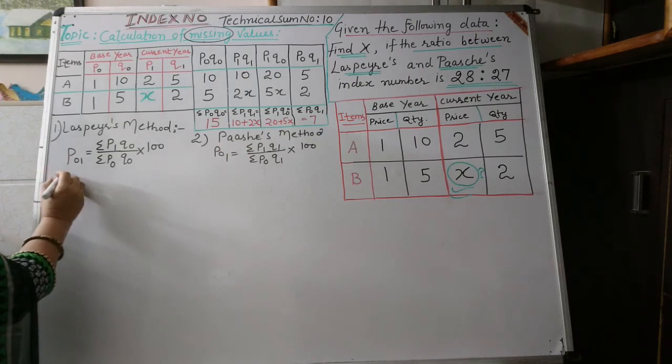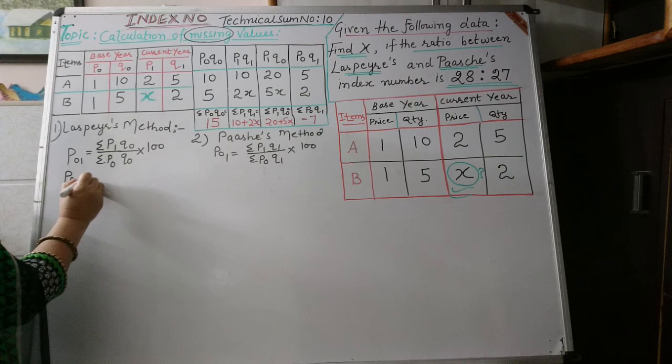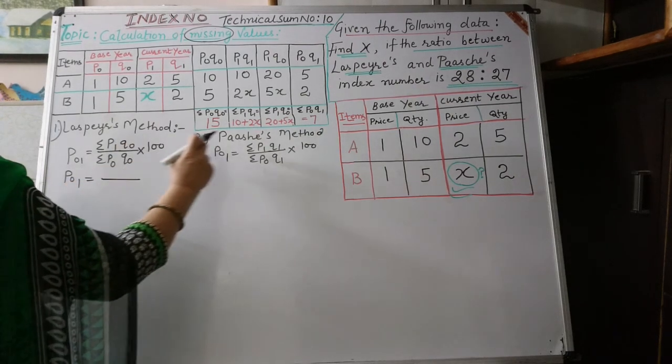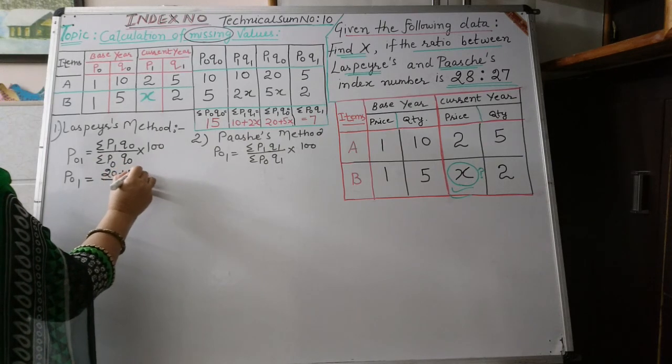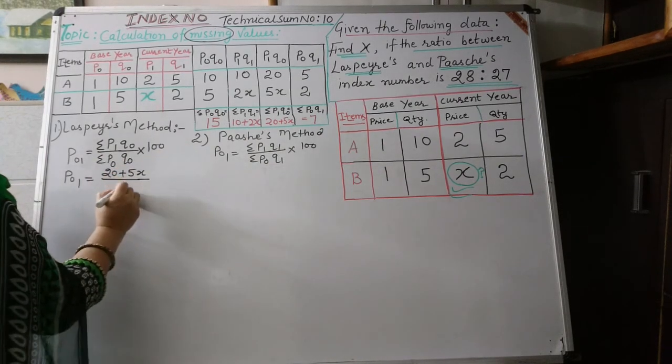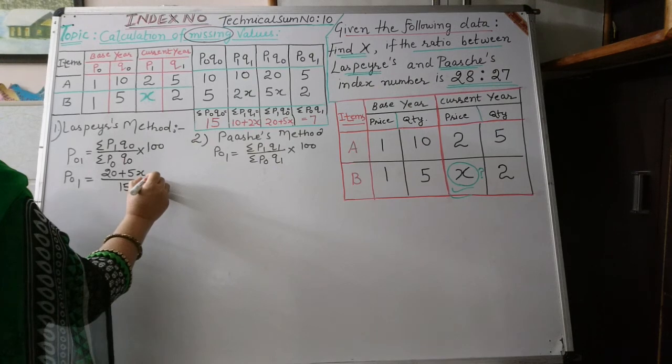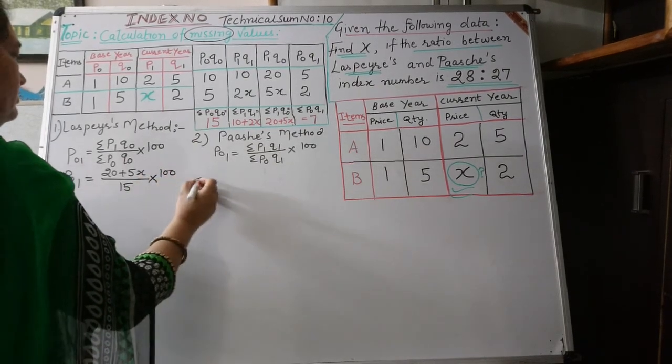In both the formulae we get: P01 is equal to sigma P1 Q0, 20 plus 5x divided by 15, multiplied by 100.